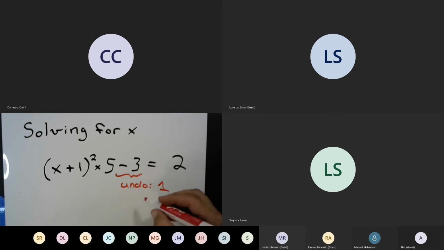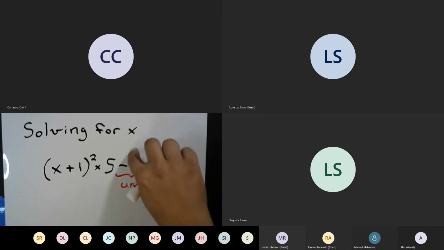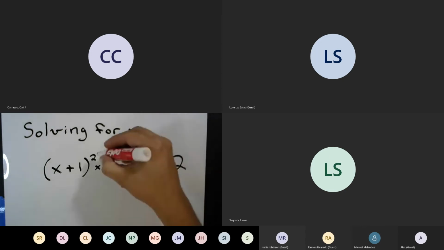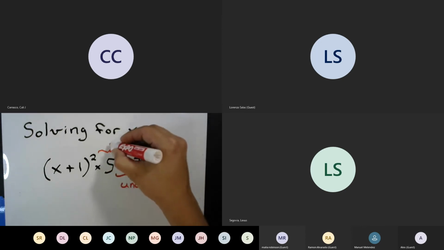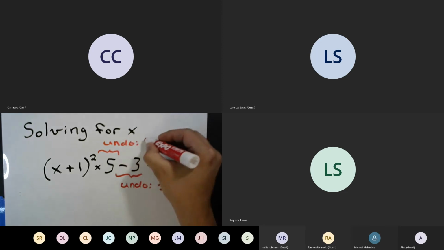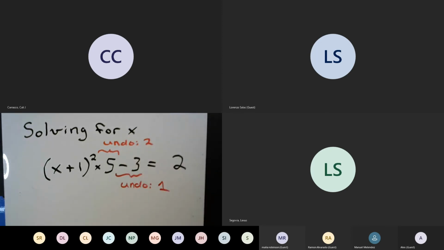And we do that by adding 3 to both sides. Then we'll undo the multiplication. We do that by dividing by 5.